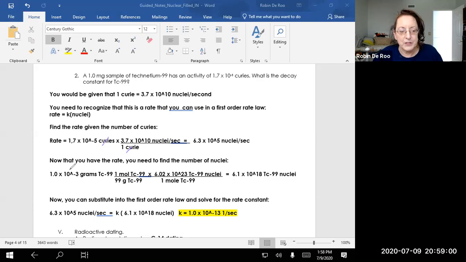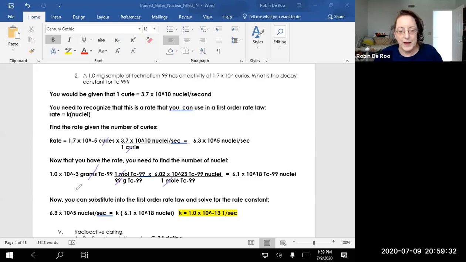1.0 times 10 to the minus 3 grams divided by the atomic mass, 99 grams. So notice our grams cancel. 1 mole, and in 1 mole we have 6.02 times 10 to the 23rd nuclei. So our moles cancel. And we get 6.1 times 10 to the 18 nuclei.